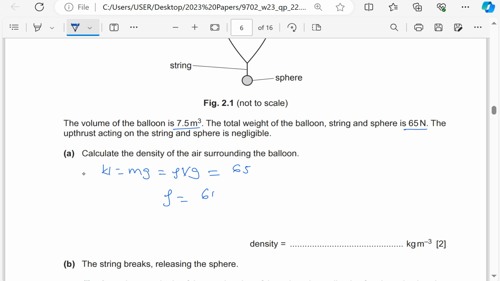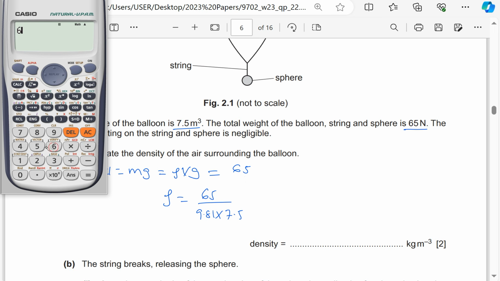Density is going to be 65 divided by g, which is 9.81, times v, which is 7.5. So 65 divided by 9.81 times 7.5. So that is 0.883.